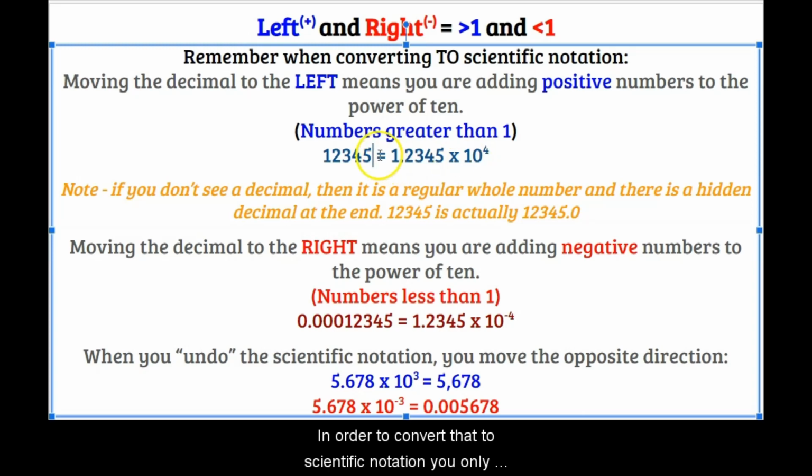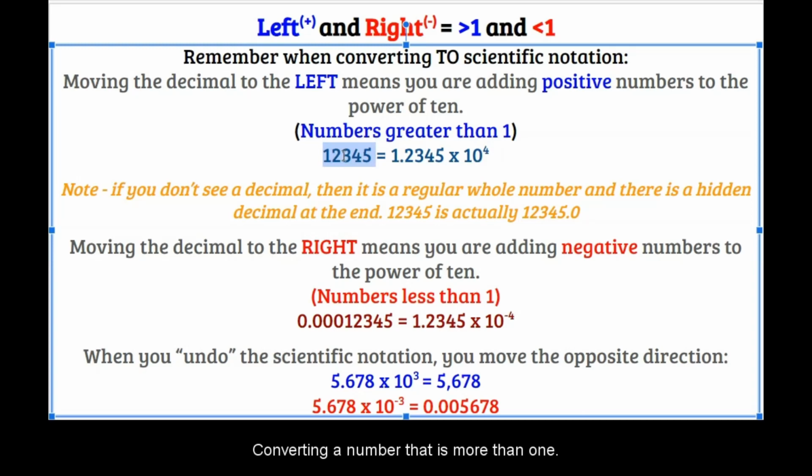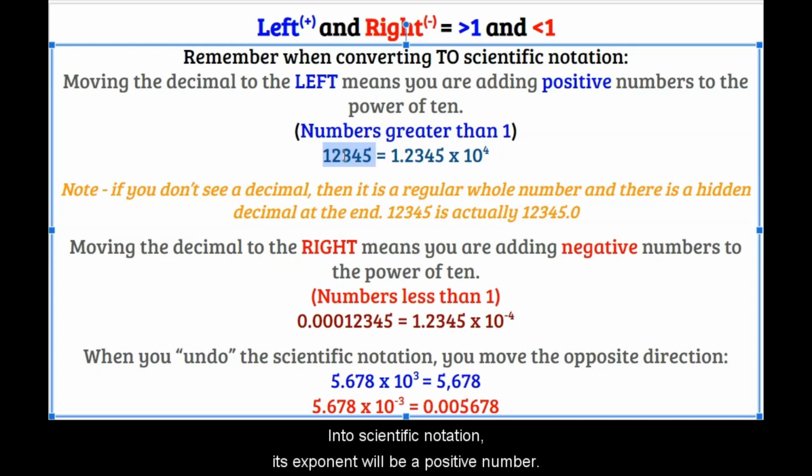In order to convert that to scientific notation, you only want a single digit to the left of the decimal, so you're going to put the decimal point there. To move it there, you start from here and go 1, 2, 3, 4 to the left. And so when you have to move it to the left, the exponent is going to be positive. So if you're converting a number that is more than 1 into scientific notation, its exponent will be a positive number.